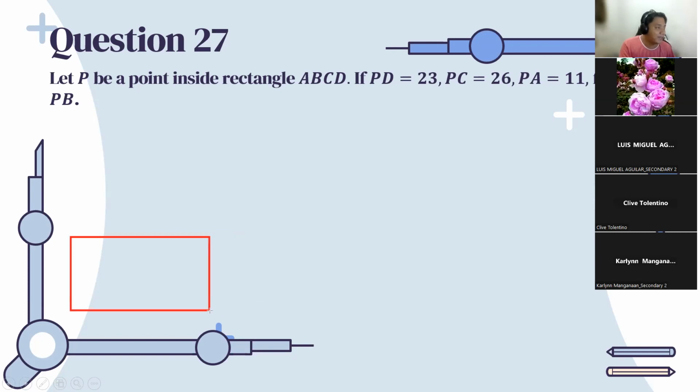If you have, let's say, a quadrilateral and a point inside that quadrilateral, let's say quadrilateral ABCD, I think it's more a rectangle rather than quadrilateral. So if PA is 11, PD is 23, PC is 26, then P is more likely very close to A, somewhere around here.